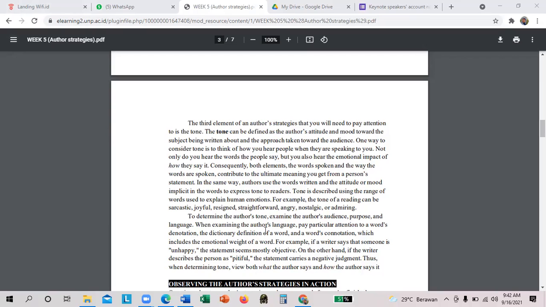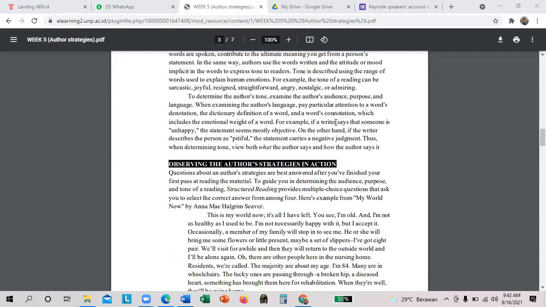When examining the author's language, pay particular attention to word connotation, denotation, and dictionary words, which include the emotion. For example, if the writer says that someone is unhappy, the statement seems mostly objective.